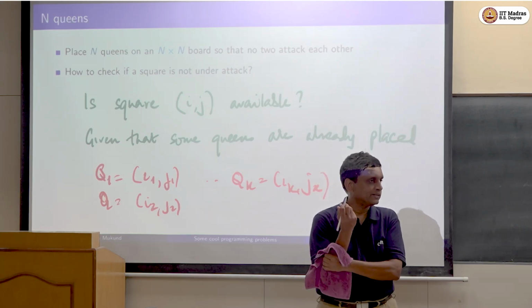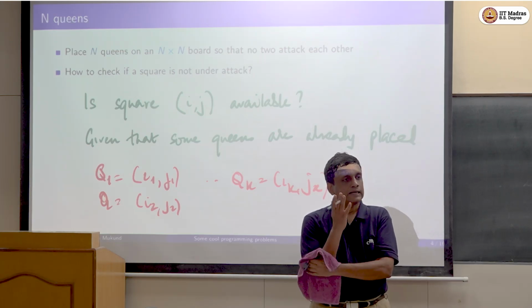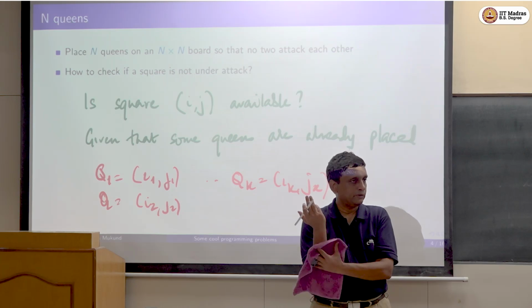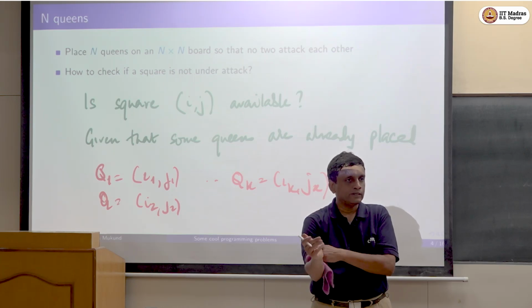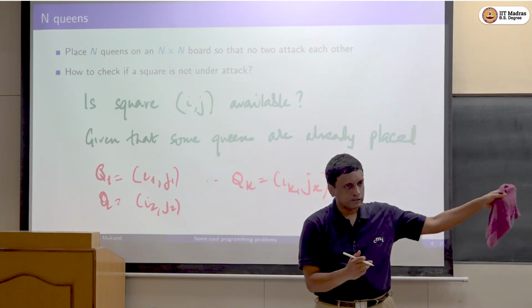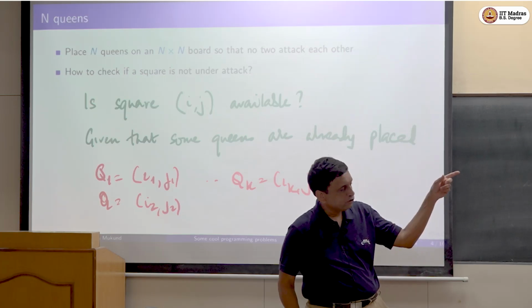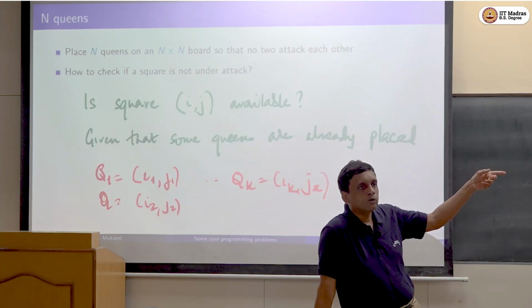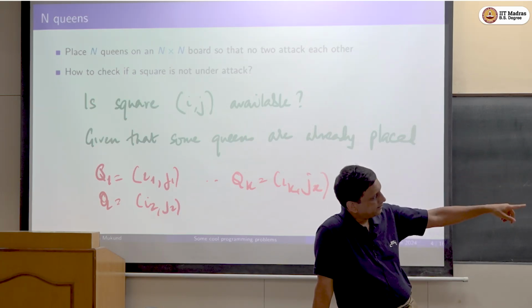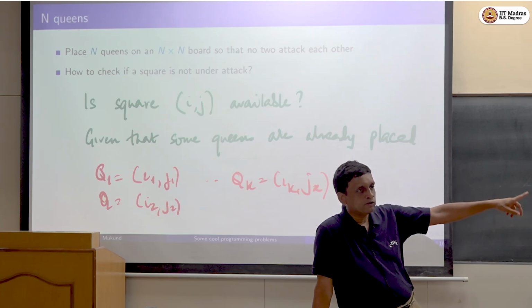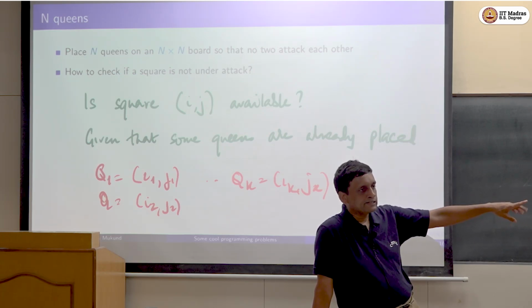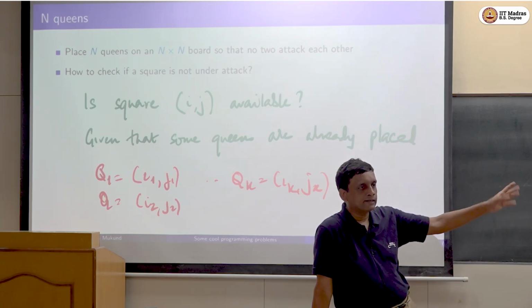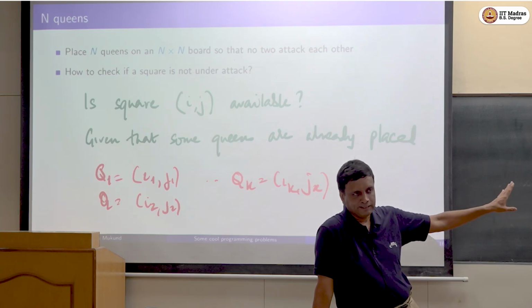So that's a general situation that I'm dealing with. So of course, one thing is that it cannot be in any of these i's or j's. If the I or the j that I am looking for matches either of I1, I2 to Ik or J1, J2 to Jk, then it's in the same row or the same column as another queen which is already on the board, so that's already out.